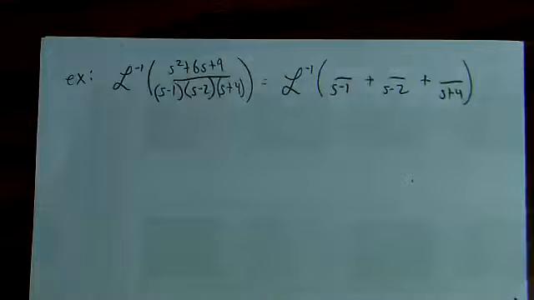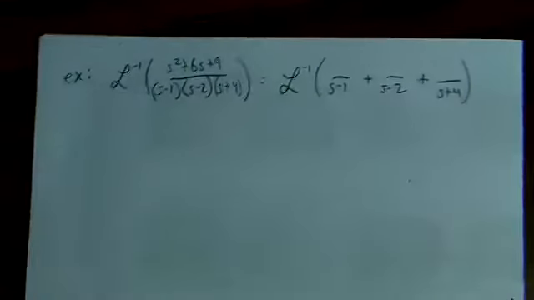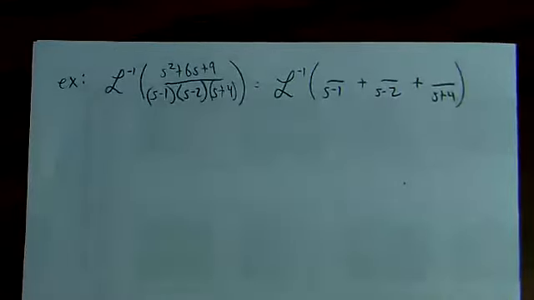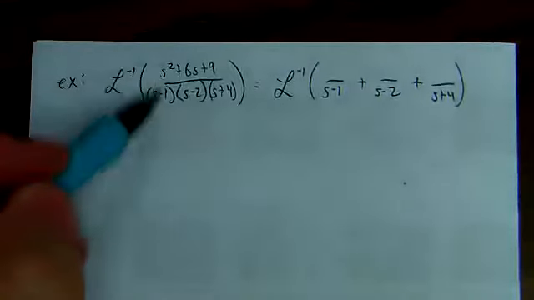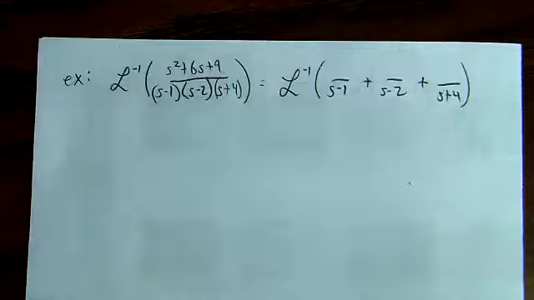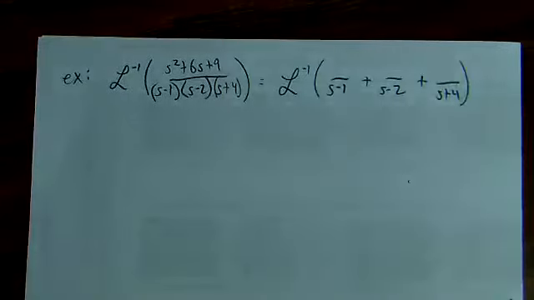I just need to find the values that go in these numerators. In algebra, when we were learning this approach, we probably would have called them capital A, capital B, capital C, and then set up our equation so that this fraction is equal to the sum of these fractions.